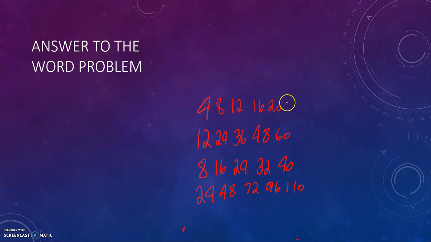So 20, 24, 28, 32, 36, 40, 72, 84, 96, 108, 120, and it's 48, 56, 64, 72, and then 80.